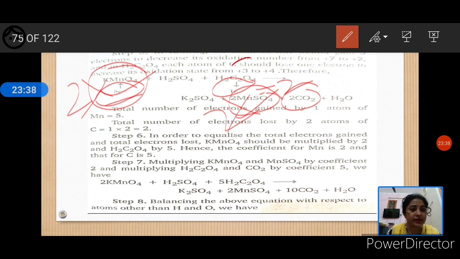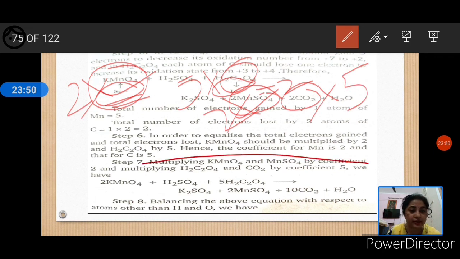And wherever carbon is present, H2C2O4 will be multiplied by 5, and CO2 will also be multiplied by 5. So what do we get? We get this equation.